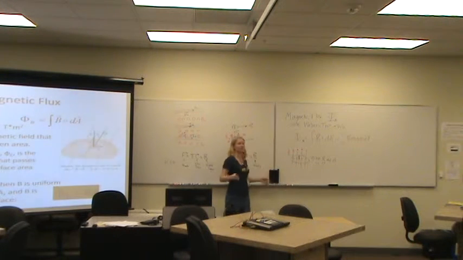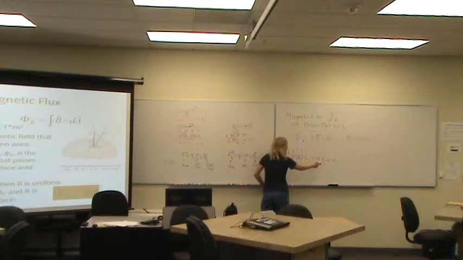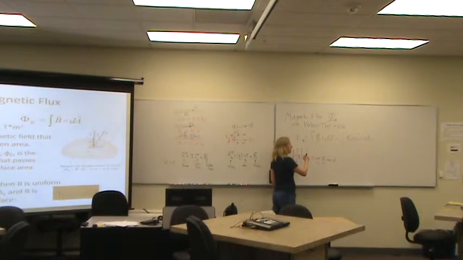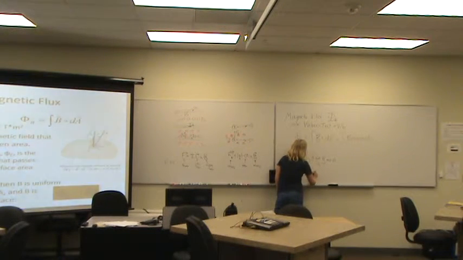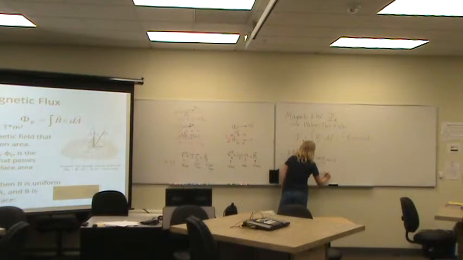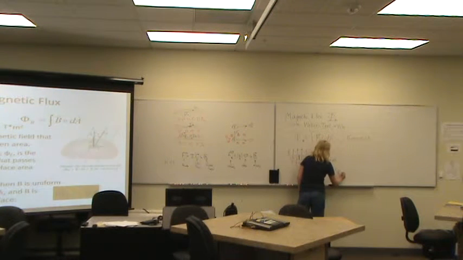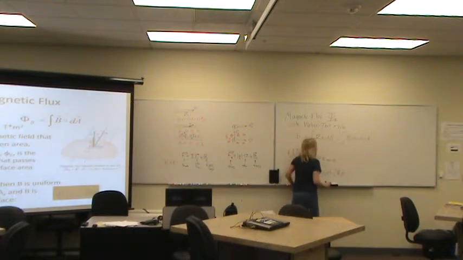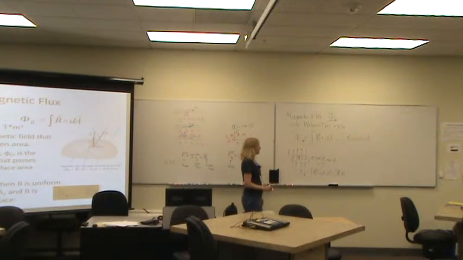Sine would make all these things go to 0. That would be bad. So when our angle is 0, cosine of 0 is what? 1? Yeah, so your integral would be B cosine of 0 degrees dA, which would be B dA.